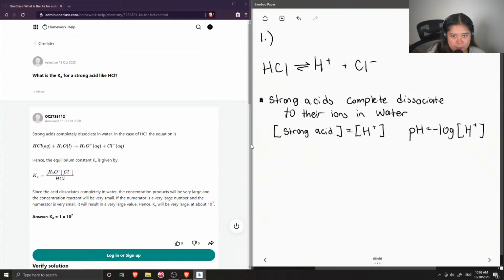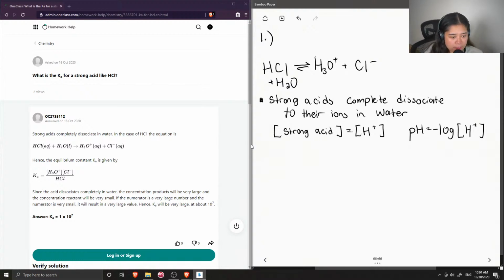But if we show the dissociation of HCl in water, then we get something similar where we have H3O plus and the chlorine ion.